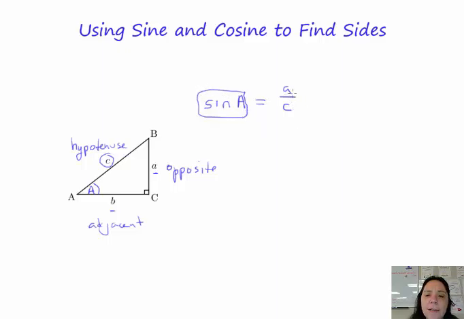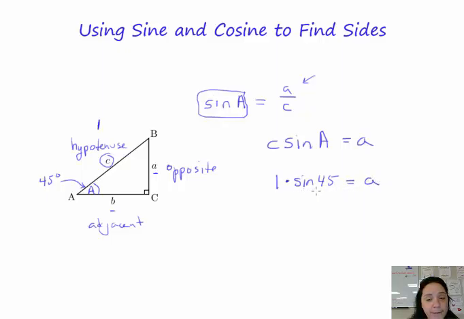So if I want to find the length of side A here, then I need to multiply this equation by C, and I get C sine of angle A is equal to the length of side A. So if I have numbers, if the length of my hypotenuse is 1 and the measure of angle A is 45 degrees, then I have 1 times the sine of 45 is equal to the length of side A.